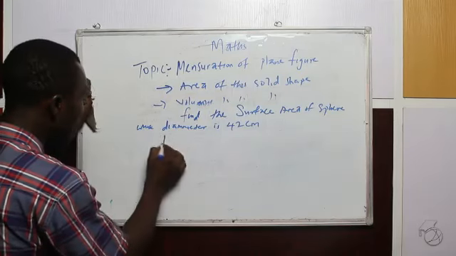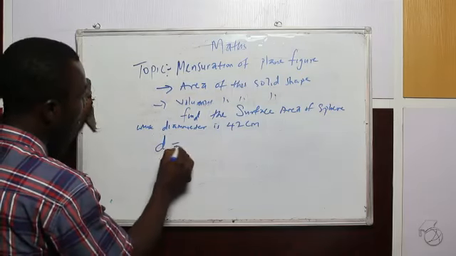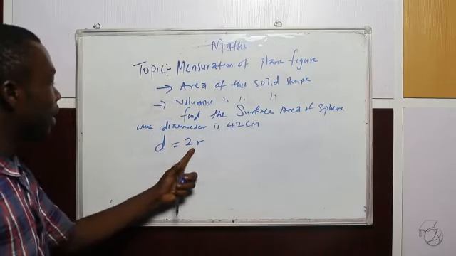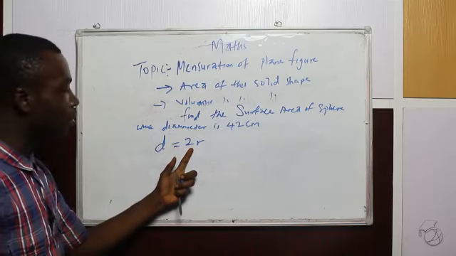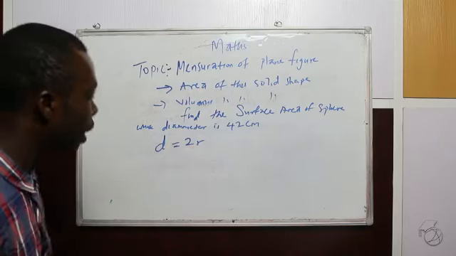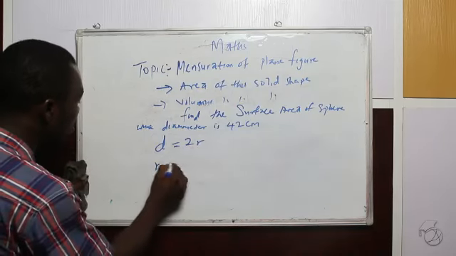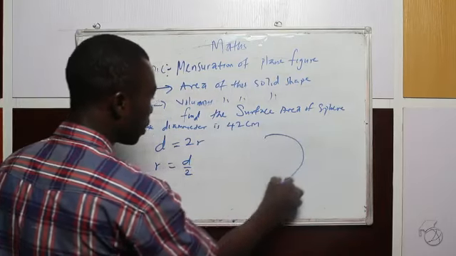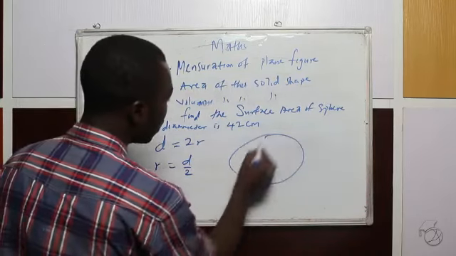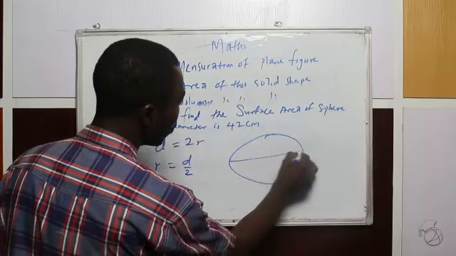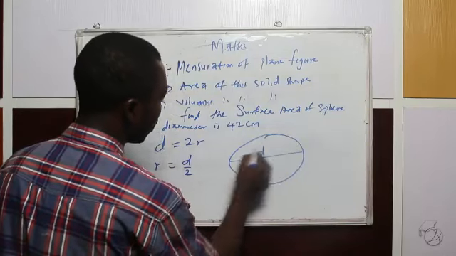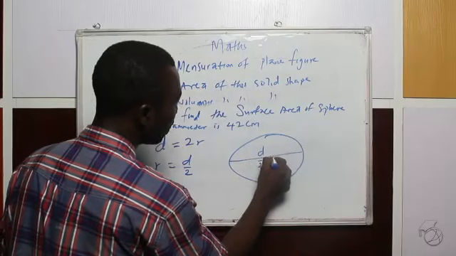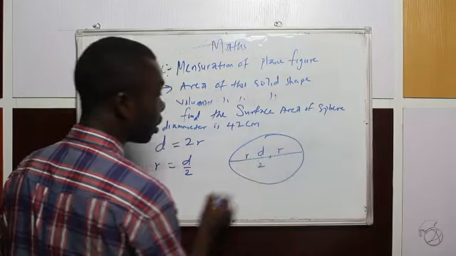Now, diameter is equal to 2r. That is, when you multiply 2 times radius, it will give you the diameter, and our radius is equal to diameter over 2. What do I mean by this? From here to here is our diameter, and when you divide it by 2, you find out that this is 1 radius, this is 1 radius.